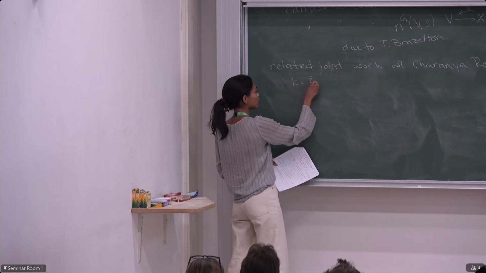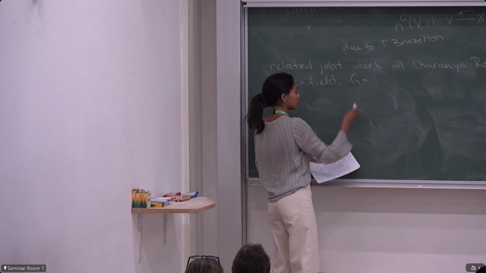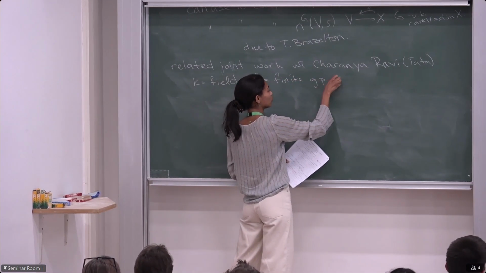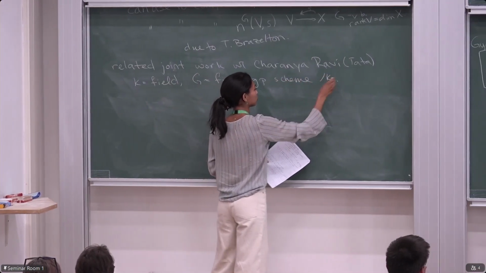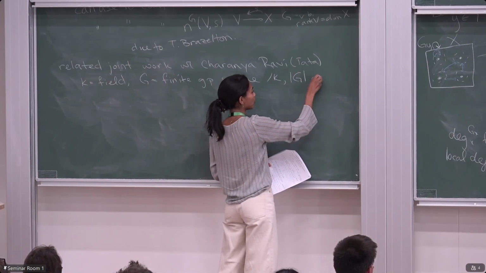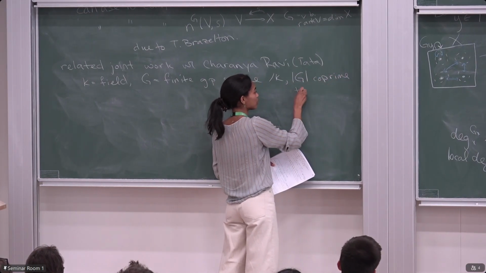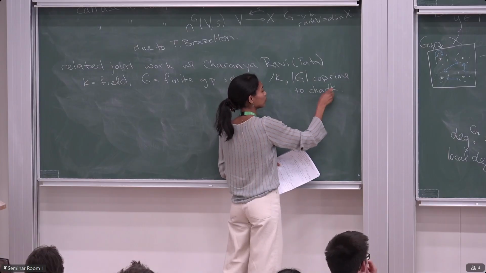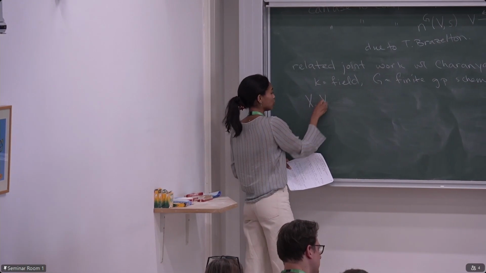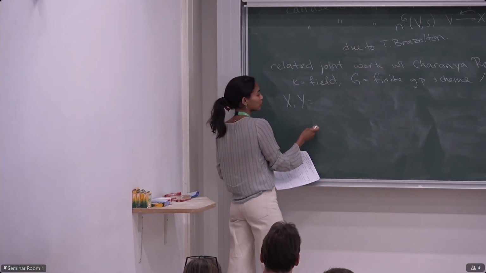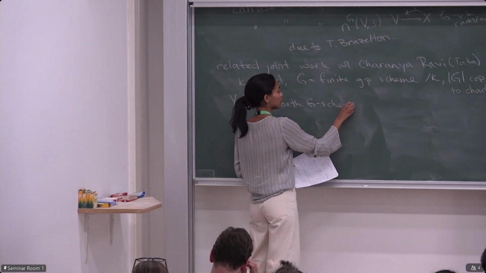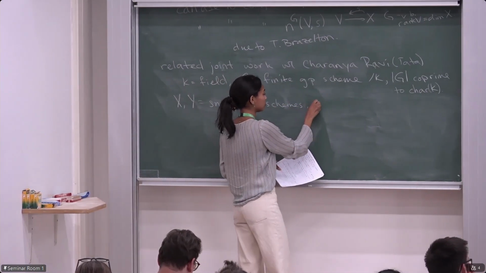So let K be a field. Let G be a finite group scheme over the field; we need the order of the group to be coprime to the characteristic of the field. Let X, Y be smooth G schemes of the same dimension.